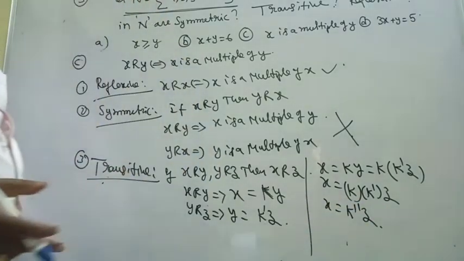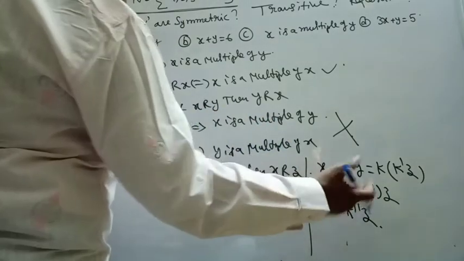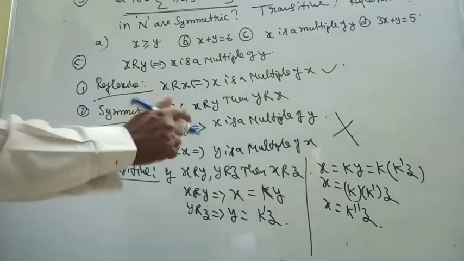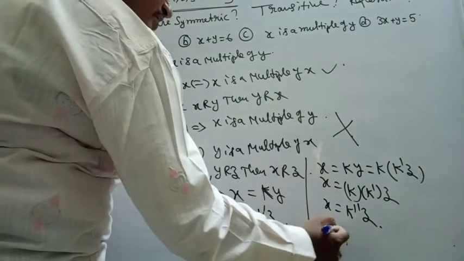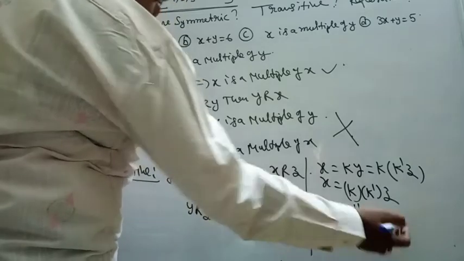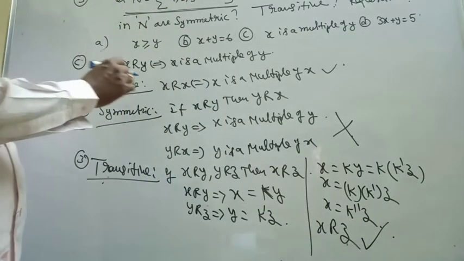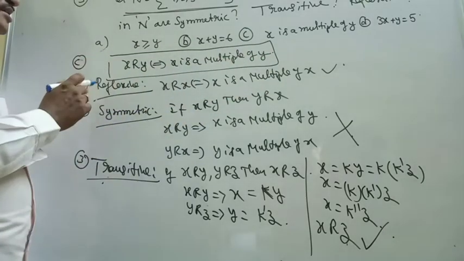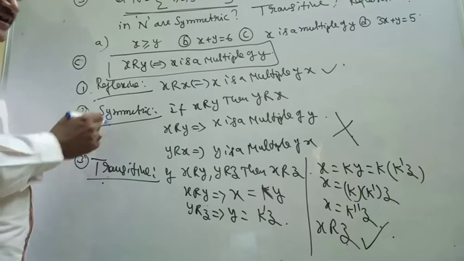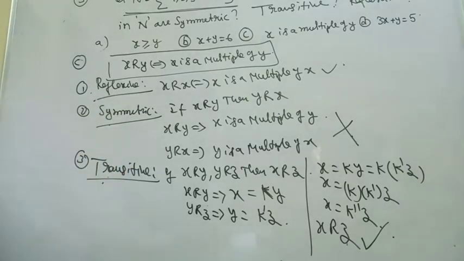K double dash is some constant, so x is a multiple of z. That means x is related to z, that is true. Therefore it is satisfying transitive. So the relation, x is a multiple of y, is reflexive but not symmetric, but it is transitive.